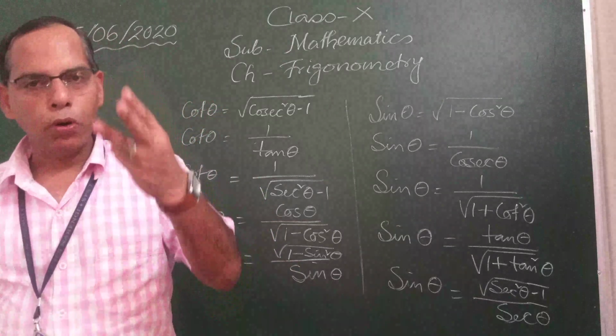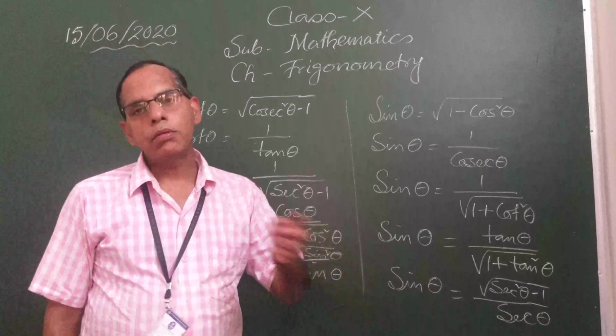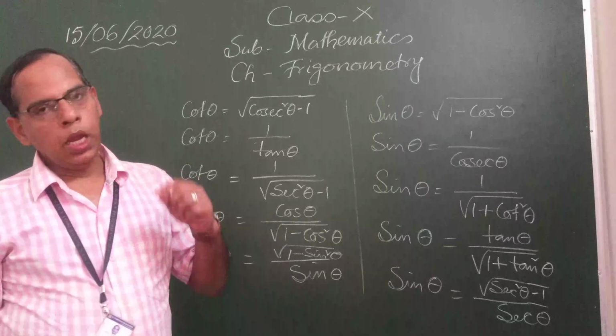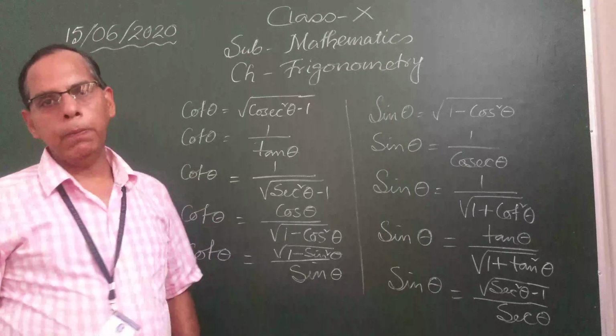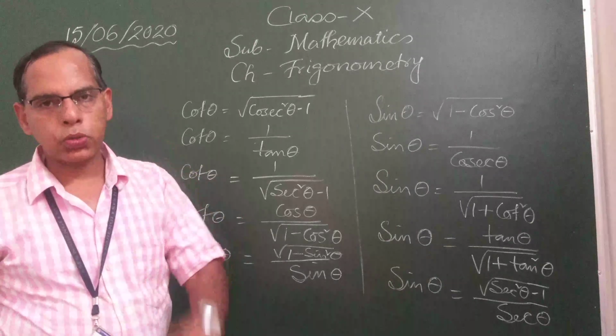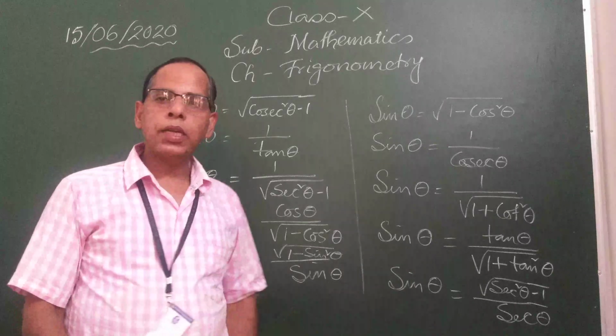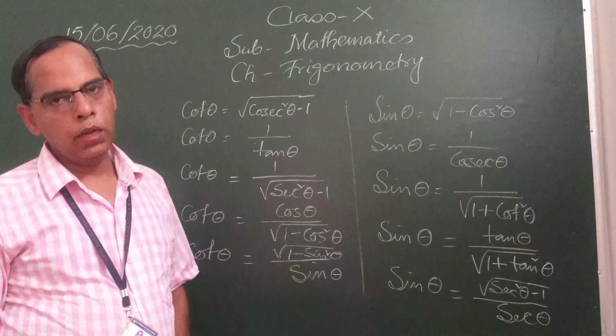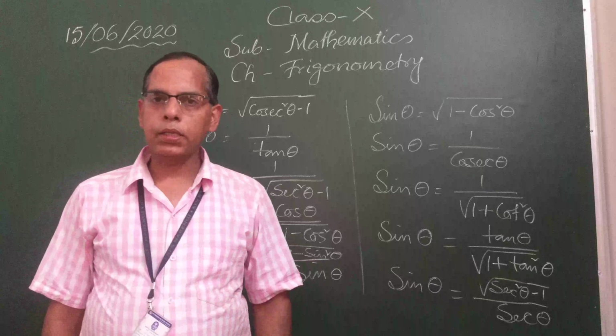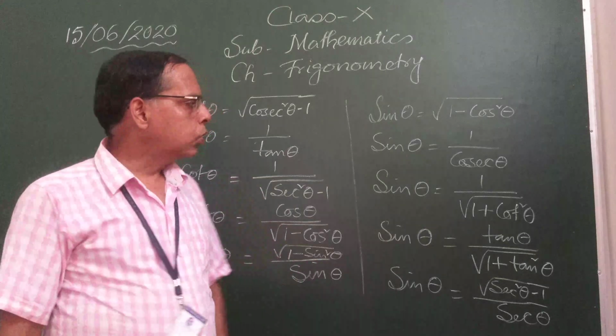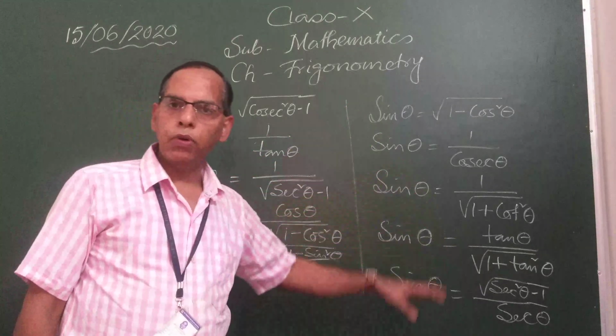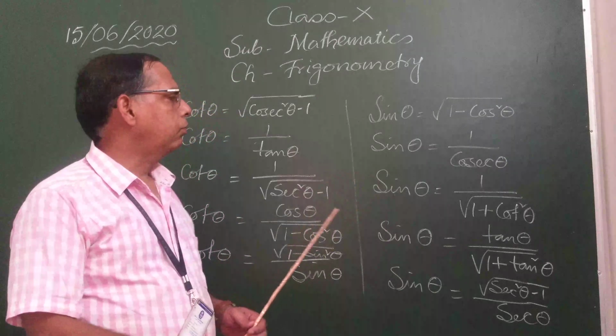If you compare these two, one thing you can see is that we are using any of the three formulae or the reciprocal. Any one of the three formulae, that is sin square theta plus cos square theta equal to 1, then sec square theta minus tan square theta equal to 1, then cosec square theta minus cot square theta equal to 1. So any one of these three formulae, and then the reciprocal.